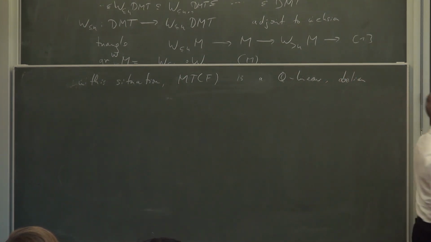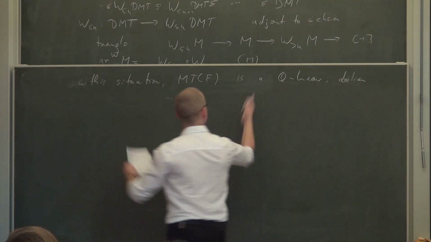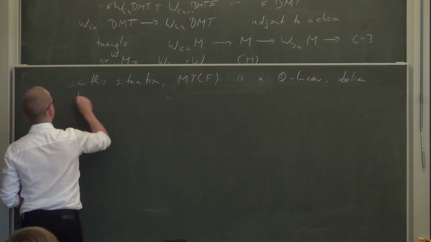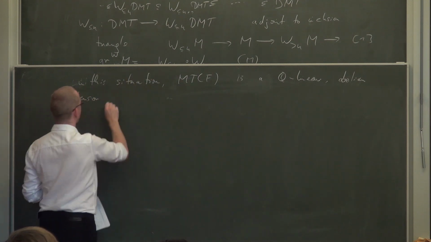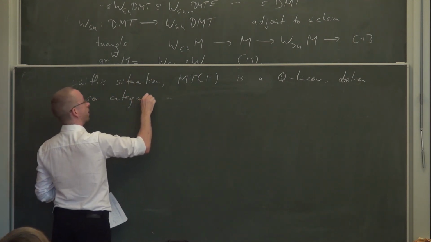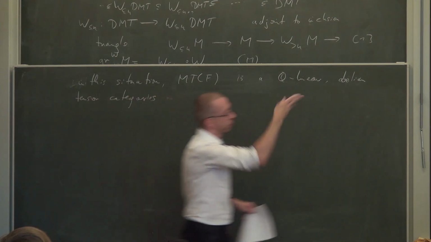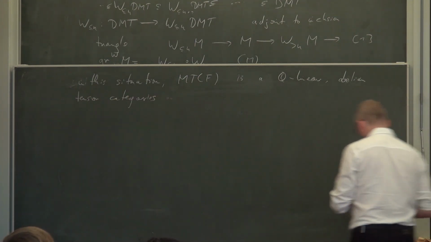Abelian comes out of this t-structure business. Q-linear is because we're working with Q coefficients. And we also get a tensor category because, I mentioned before, that we have a tensor structure and that's inherited by the heart here.